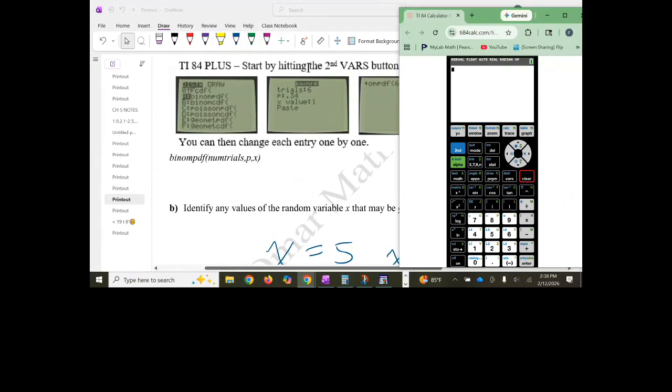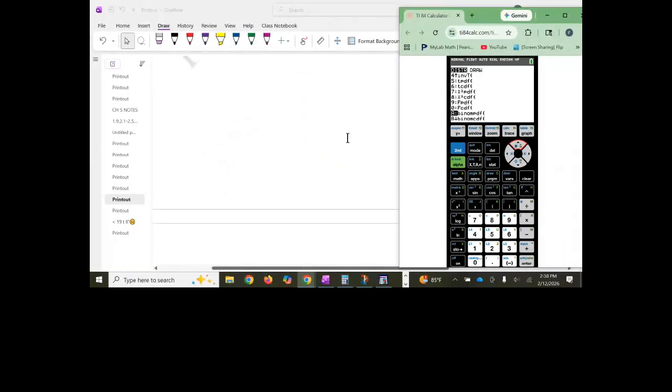It tells me right here, we're going to start by hitting the second and then the button that says VARS. So I'm going to hit my second button and the button that says VARS. Boom. What I want to do is scroll until I see something. Look at my choice A here. See, it says binomial PDF. That's what I'm looking for.